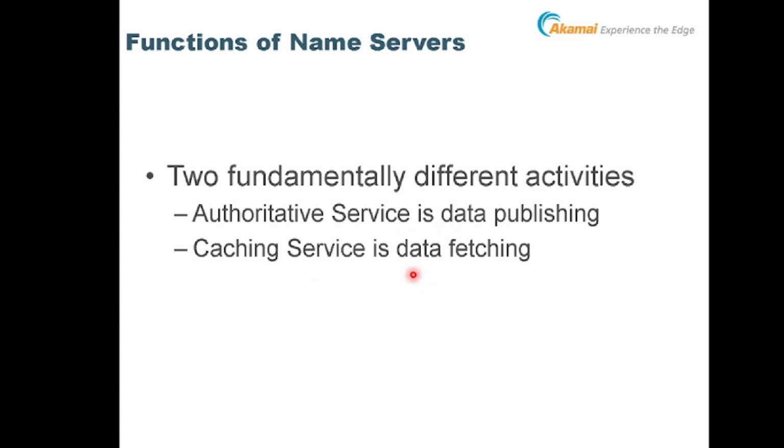The caching server has to not only locate those servers, but it has to then have algorithms which deal with how to obtain information from those servers. So it's a different thing.